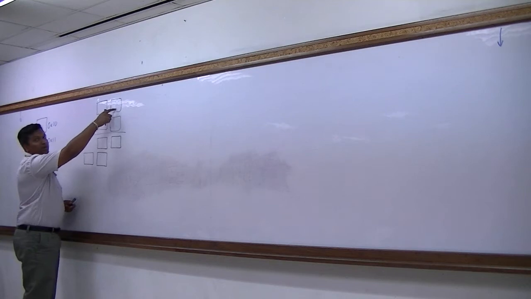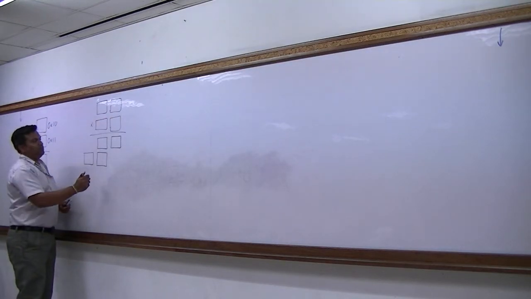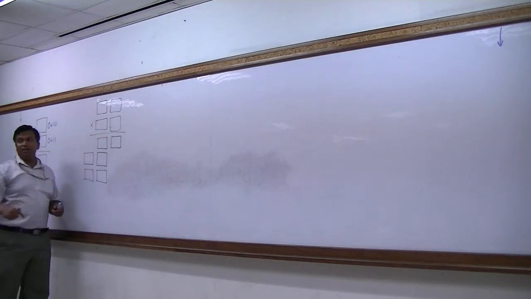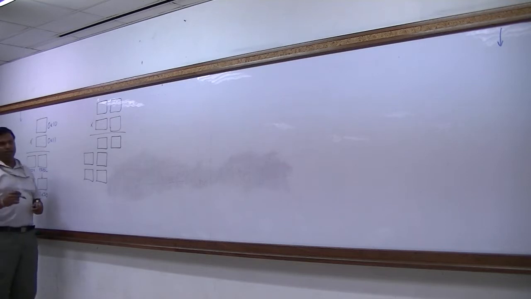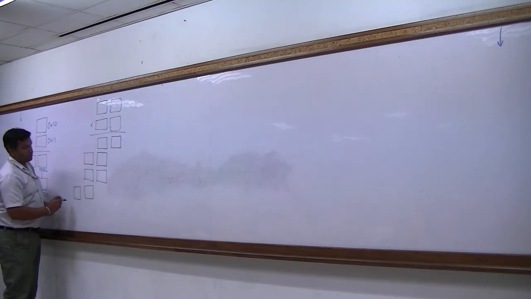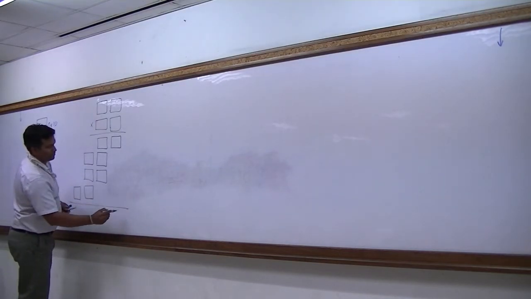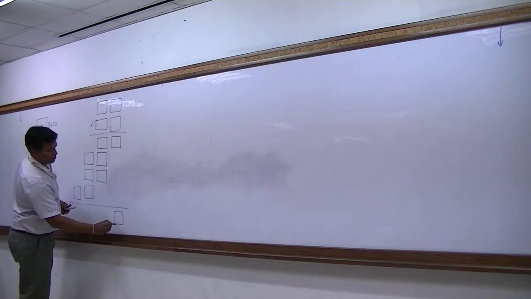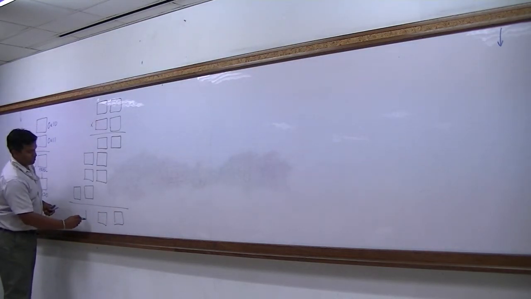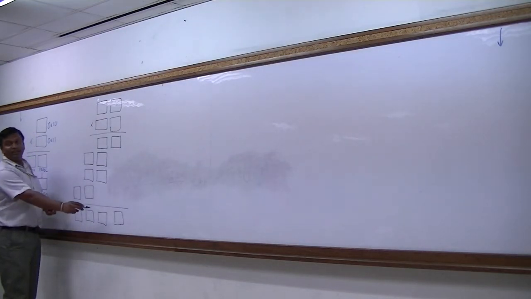This one multiply with this one, you get double byte, but it's in the same row. This one multiply with this one, you get double byte, it's always shifted by one. So the final answer I get 4 bytes.